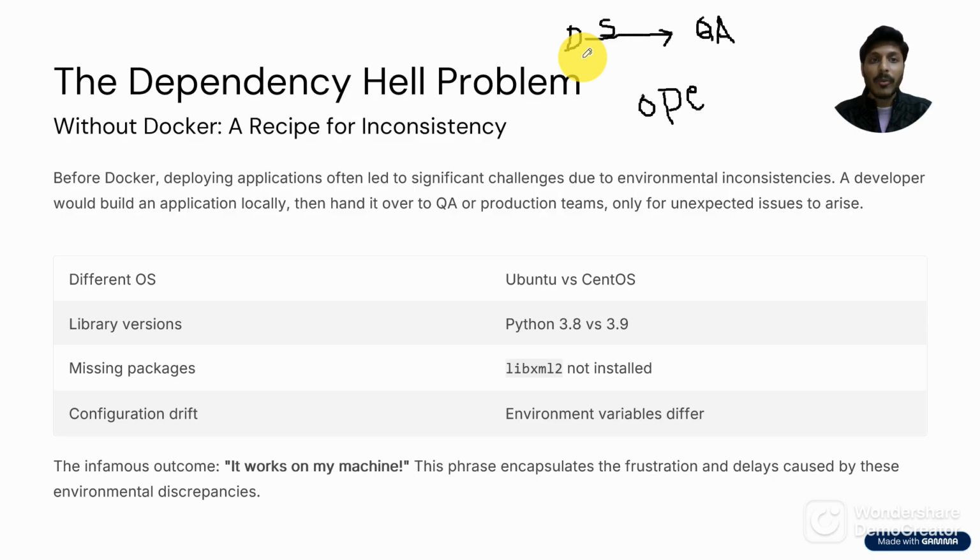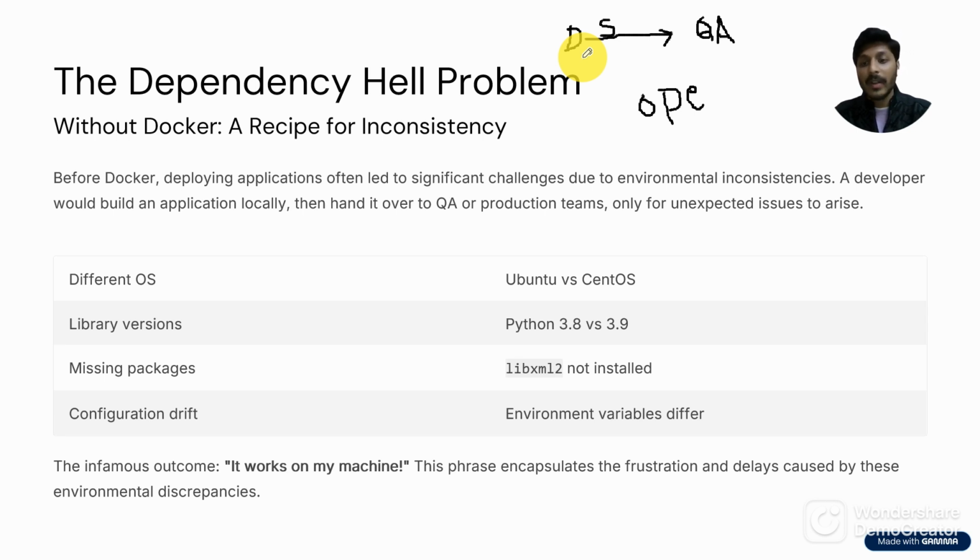These things change all the environment variables and configurations the quality assurance person has. So this leads to the dependency hell problem: dependencies don't match, and after so much communication, the communication gaps are wide.